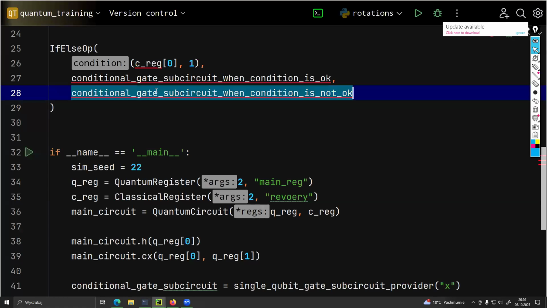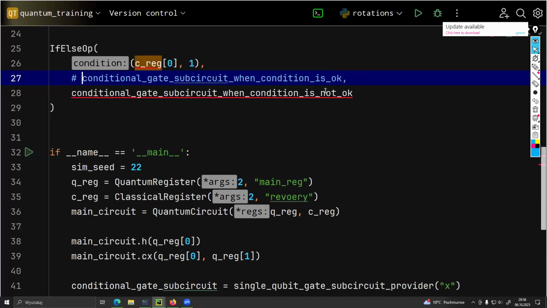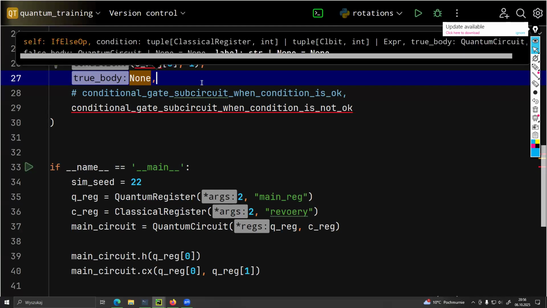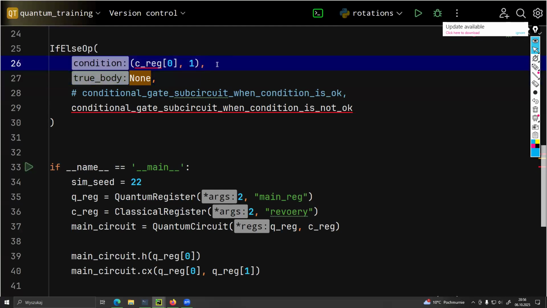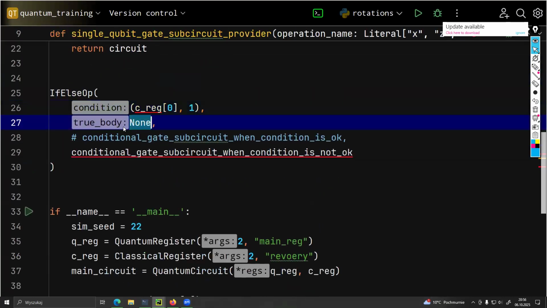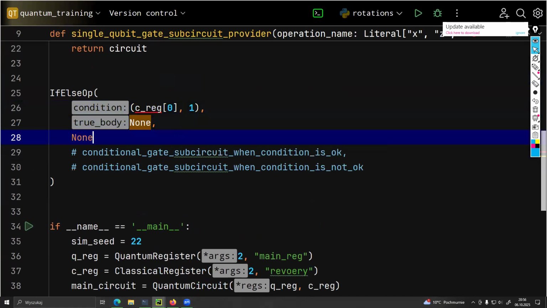You could leave both of them empty, or you could leave one of them unfilled, say pass it as None. So true body, this is the name of the parameter, is filled in here, and the next one is false body.